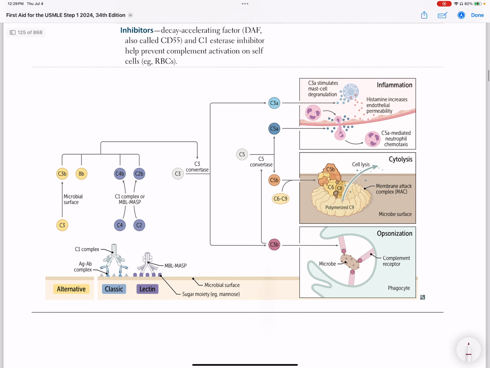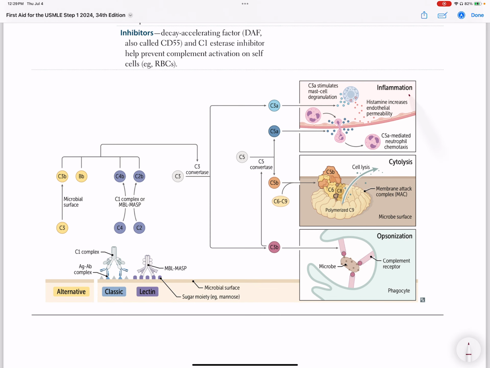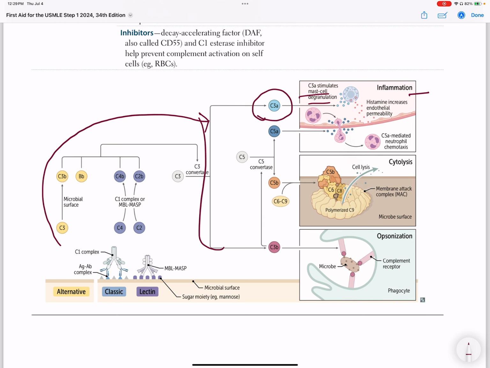C3b goes into opsonization. Let's see what happens in inflammation. When C3 is activated into C3a and C3b, the C3a part stimulates mast cell degranulation, and C5a mediates neutrophil chemotaxis.